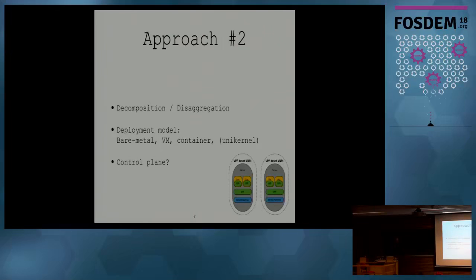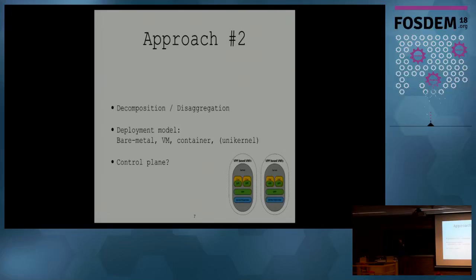But what I'm trying to look at here is really just take that microservice, that microfunction, just a few bits of packet mangling, and move that on its own. So that's this idea of decomposition and disaggregation.